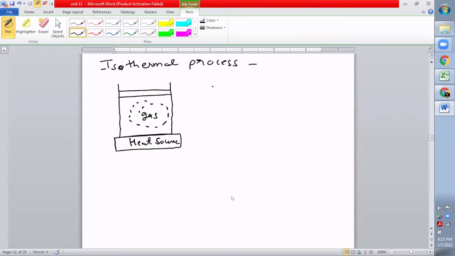Now, if you want the expansion of this gas, the curve will follow this line on the PV diagram. This is point number 1 and this is point number 2. During expansion of the gas, in order to avoid a fall in temperature, heat must be added to the system.